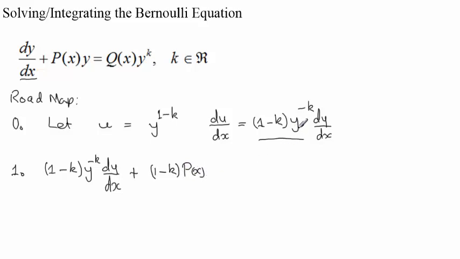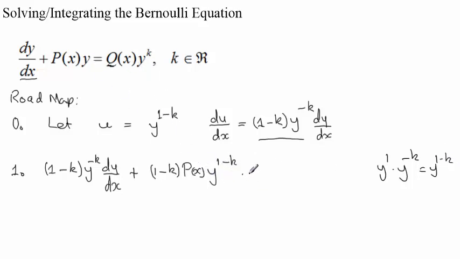Notice that this y to the power k you can put next to y to the power minus k, which will give us y to the power 1 minus k. Notice that you put y to the power k here, multiplied by y to the power minus k. Using exponent rules, you're going to get 1 plus minus k, which is 1 minus k. So that's what we get at the end.